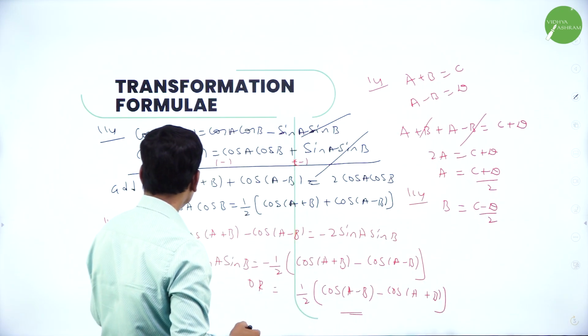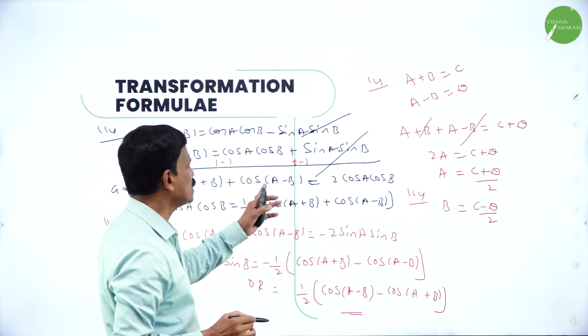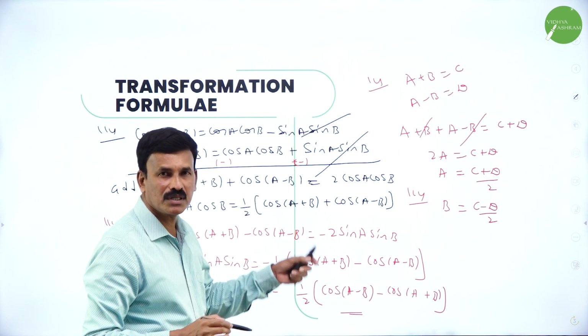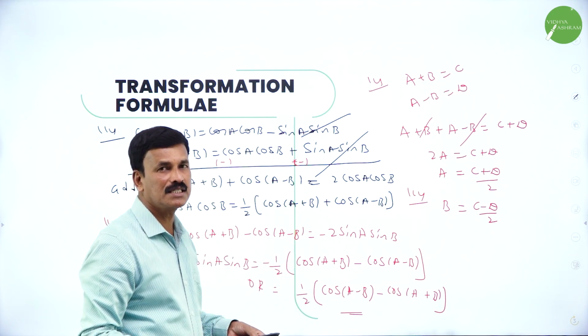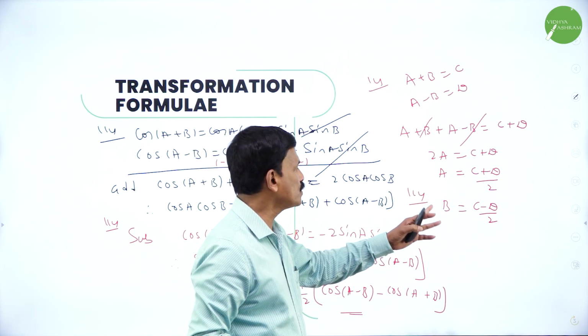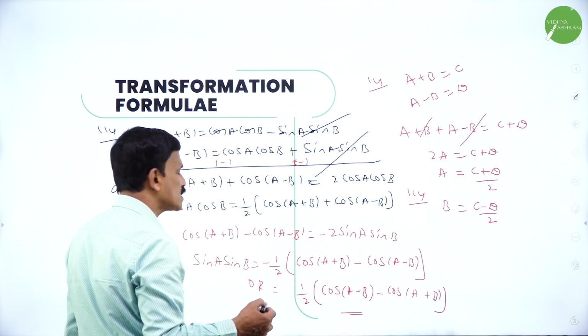Now, in these formulas, if A plus B is replaced by C and A minus B by D, then we will get cos C plus cos D, cos C minus cos D, sin C plus sin D, sin C minus sin D. And for A replaced by (C+D)/2 and B by (C−D)/2, we will get another set of formulas.